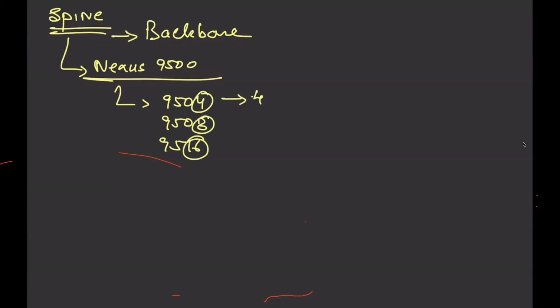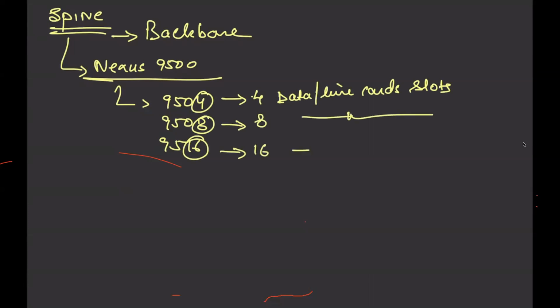Here you can go with 4 line card slots, you will have 8 here, and 16 here. The 9508 is a complete 13 RU rack unit, so it is a very big device. Just a second, let me disable the annotation.